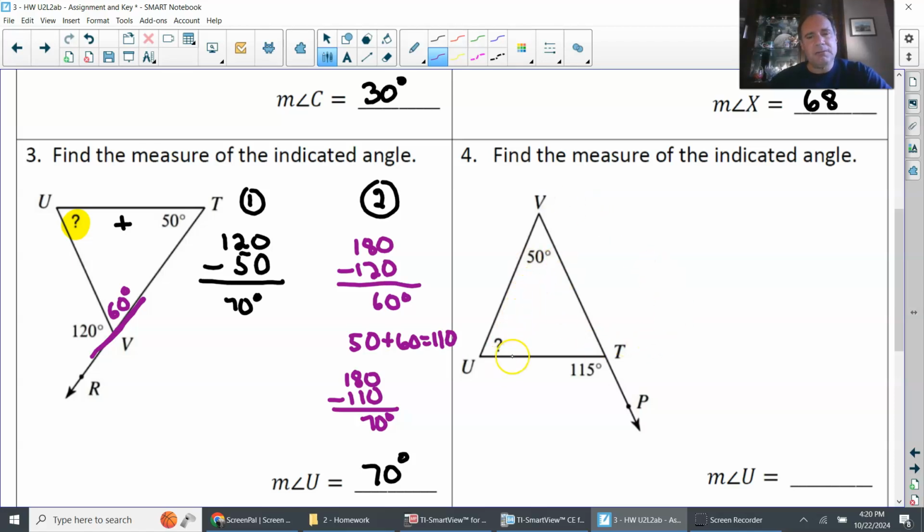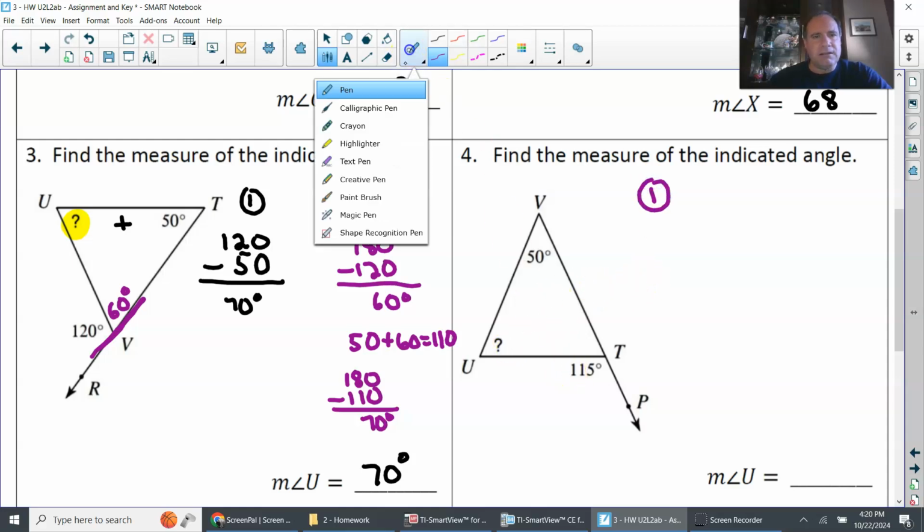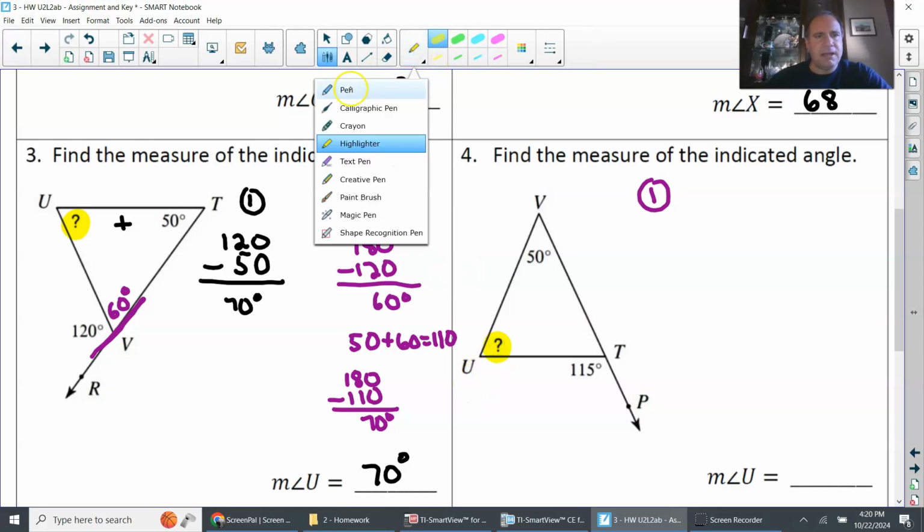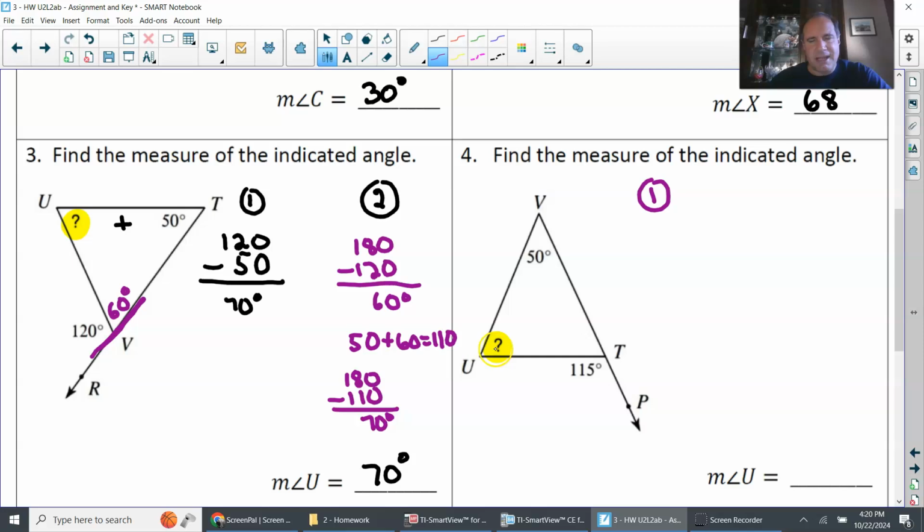All right, number 4, again, you have one way that you could do this, where you could find angle U by just subtracting 115 minus 50. Remember, the two non-adjacent interior angles, when you add them together, have to equal 115.